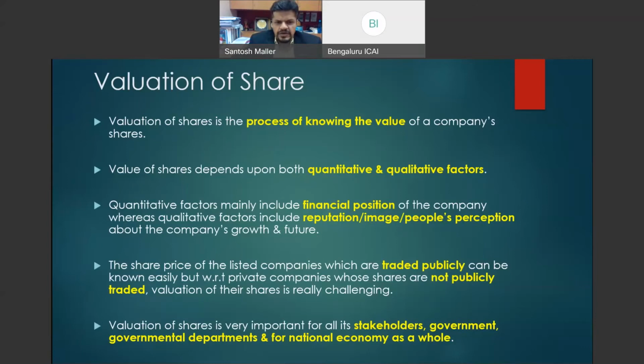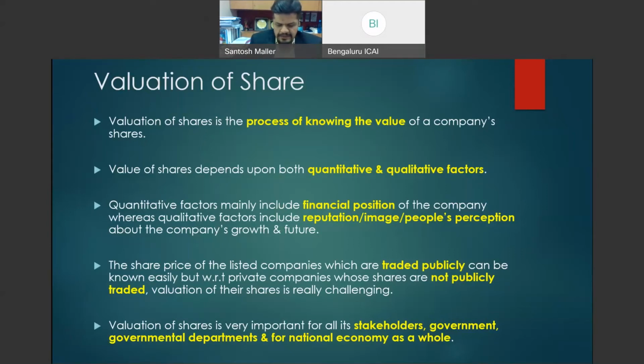The share price of a listed company which is traded publicly can be known easily, but with respect to private companies whose shares are not publicly traded, valuation of shares is really challenging. One of the most difficult aspects of valuation is when you have to value non-listed companies, where you don't have publicly traded quotes.